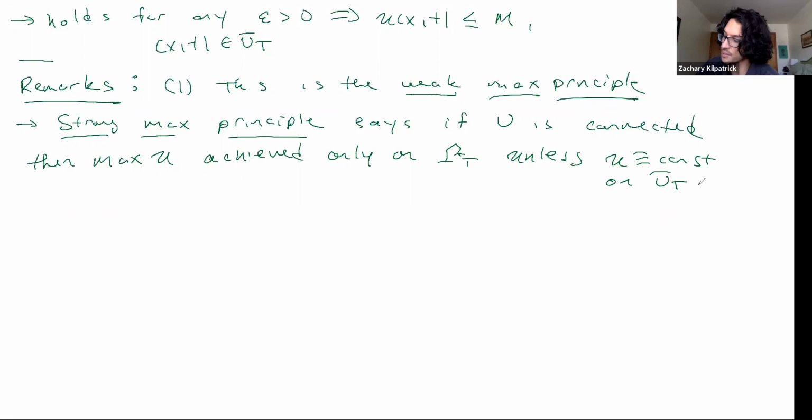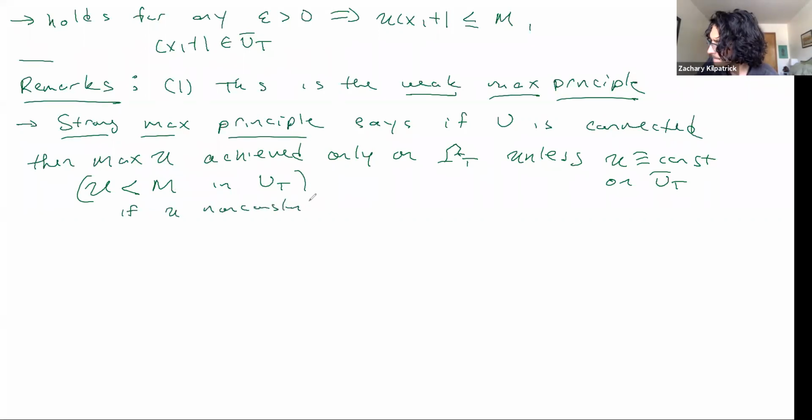So the strong maximum principle essentially says that U is less than M in U sub t if U is non-constant. It just gives you a strict inequality, so sometimes that can be useful.